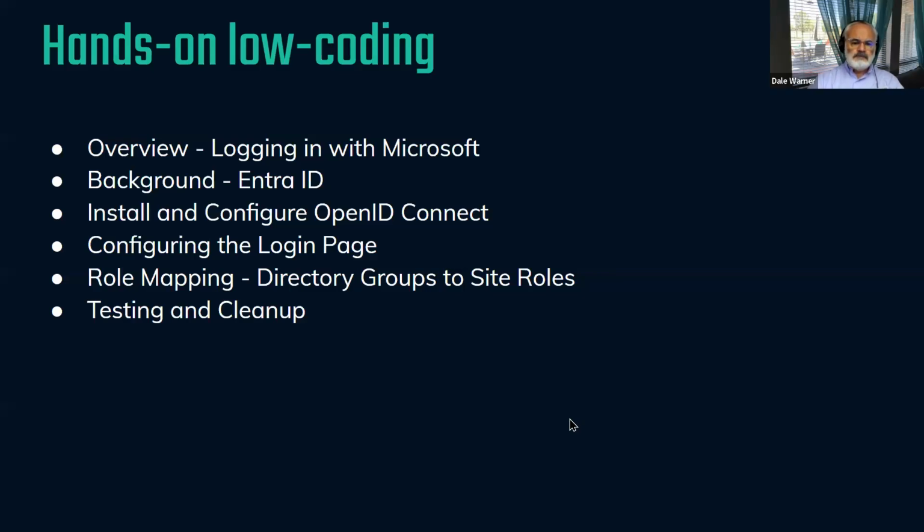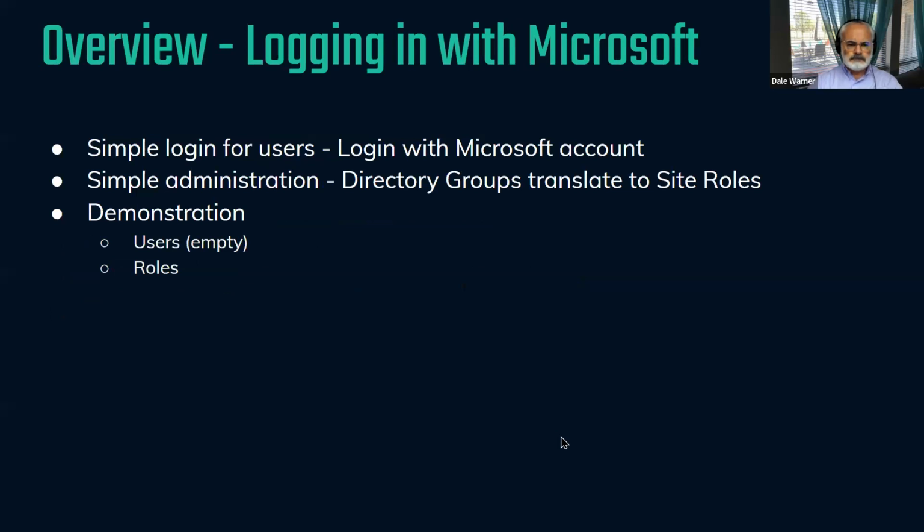Then we'll look behind the scenes at the configuration. Ours is managed in Entra ID, so we'll look at that. Then we'll configure OpenID Connect and configure the login page to work with it. And then the meat of what we wanted to communicate today: this ability to map roles. The groups that are part of your Active Directory will get mapped to site roles. There will probably be a few things that we'll need to test and clean up to make sure it's all working correctly. And that'll be our episode.